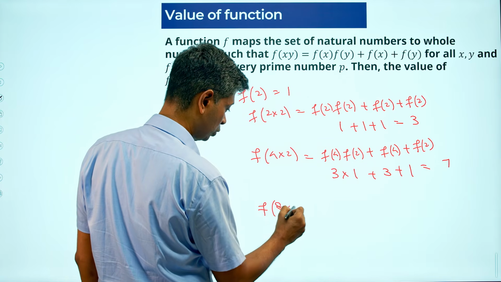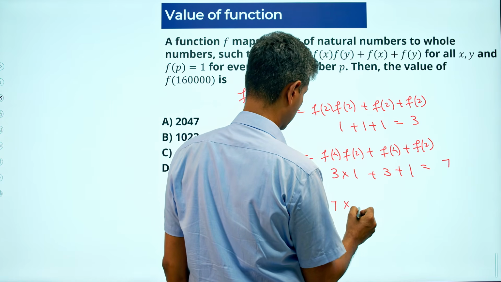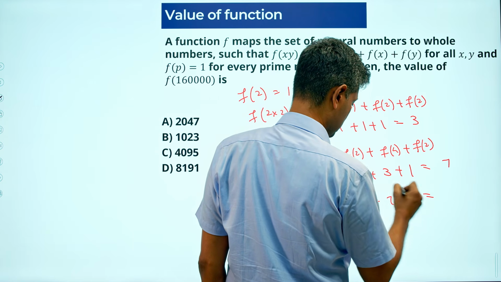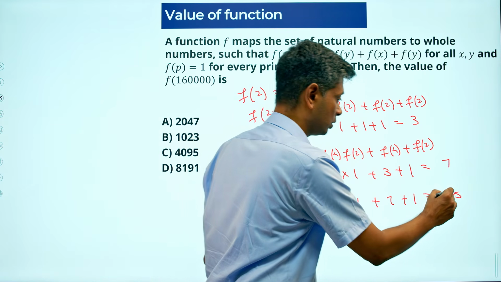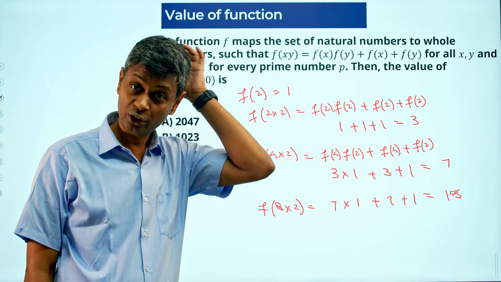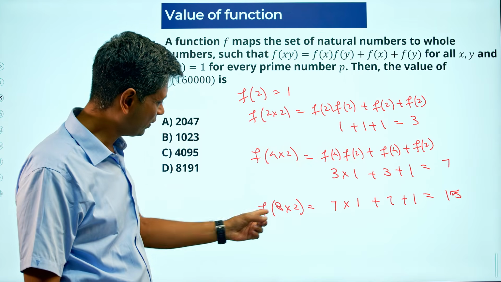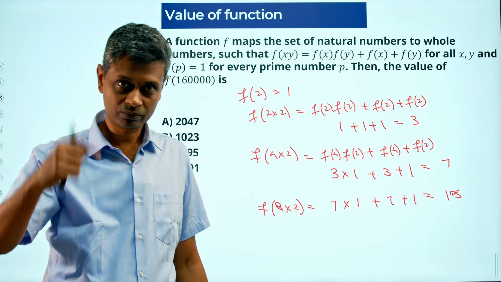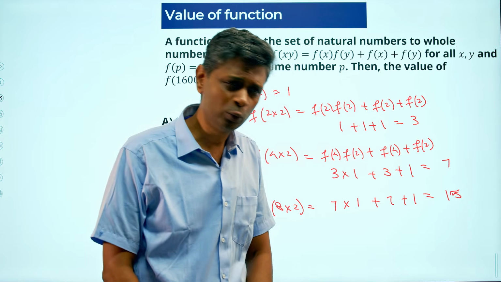F of 8 into 2 is 7 into f of 2, 1, plus 7 plus 1, 15. F of this into 2 is 15 plus 15 plus 1, 31. So f of 8 is 2 times f of 4 plus 1, and f of 4 is 2 times f of 2 plus 1. Beautiful thing.